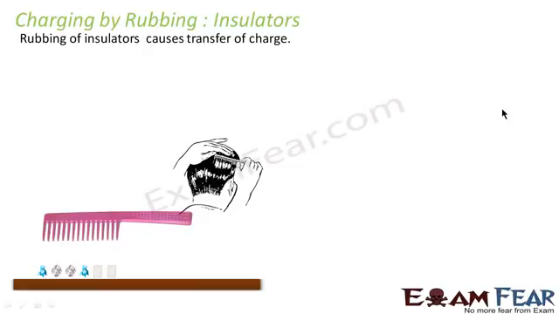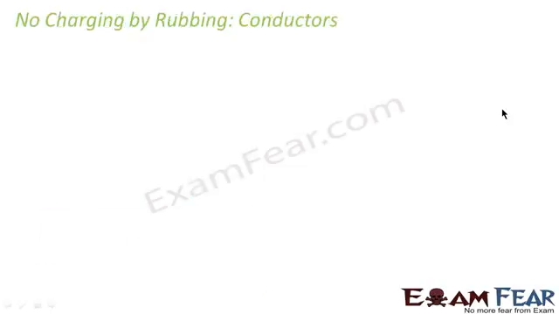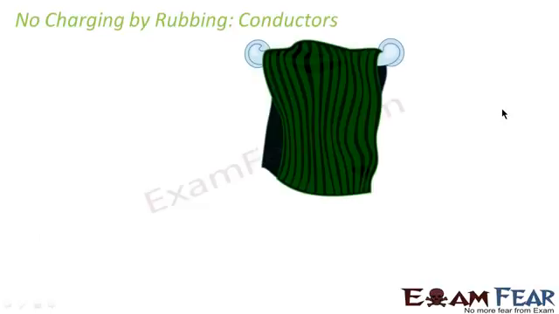An important point to note is that insulators get charged by rubbing. When I talk of conductors, there is no charging by rubbing. Let us replace the balloon with this key. The balloon being an insulator was getting charged on rubbing. Now instead of the balloon, if you take a key and rub it for 5 minutes, 10 minutes, even 1 hour over a piece of cloth, do you think that the key will stick to the wall after that?